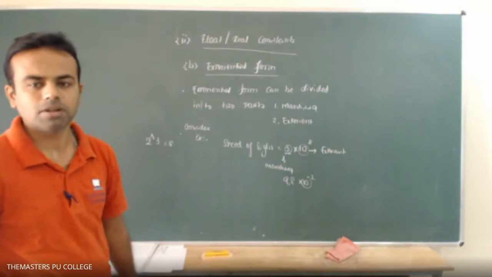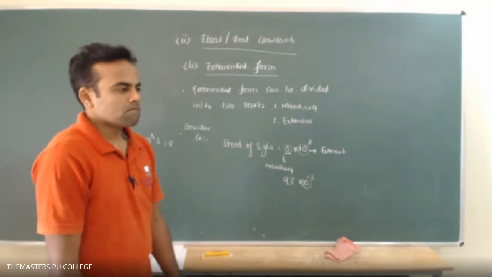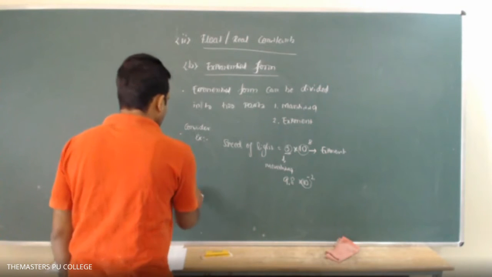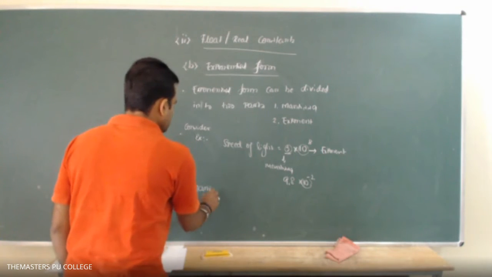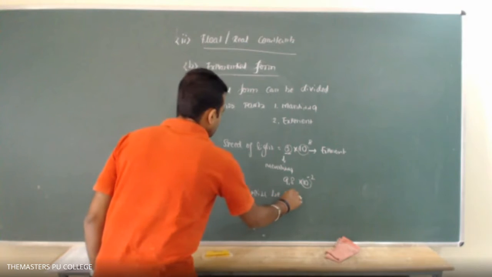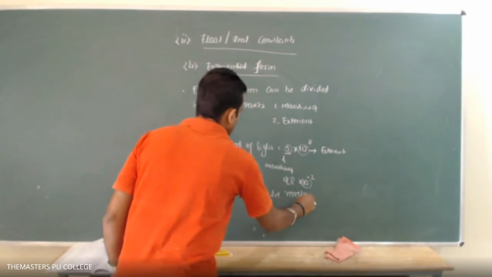How could we represent it? Okay, right, write this down. The mantissa part will be rarely negative.